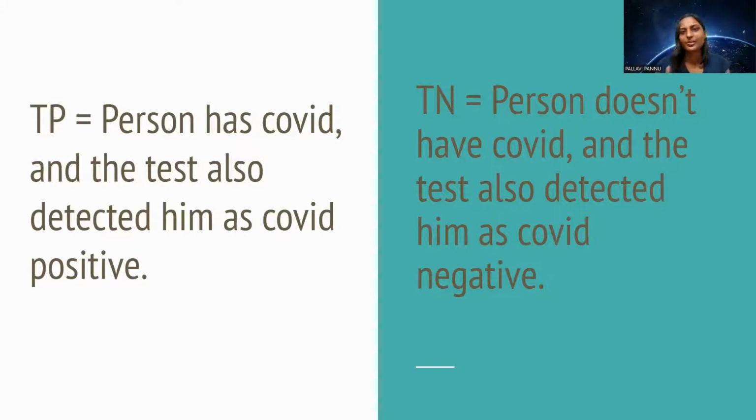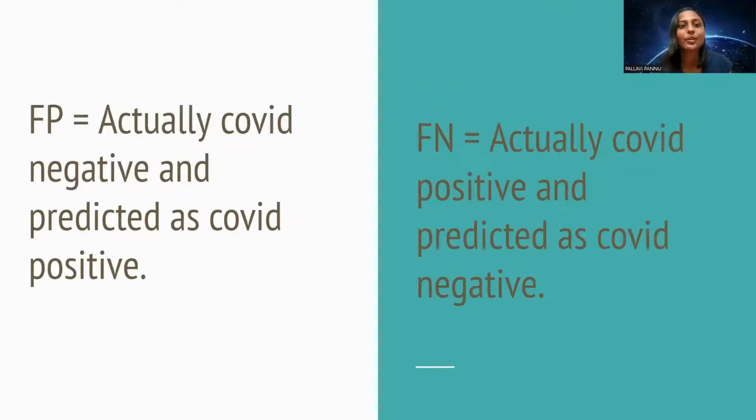Now let's discuss false positive. False positive is when actually the person was COVID negative, so the person doesn't have COVID, but the test is showing him as COVID positive. In false negative, actually the person was COVID positive and predicted as COVID negative.